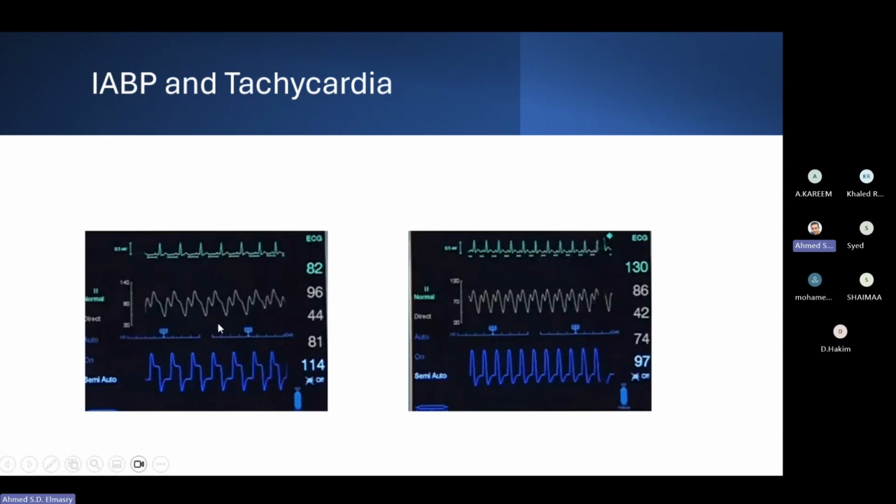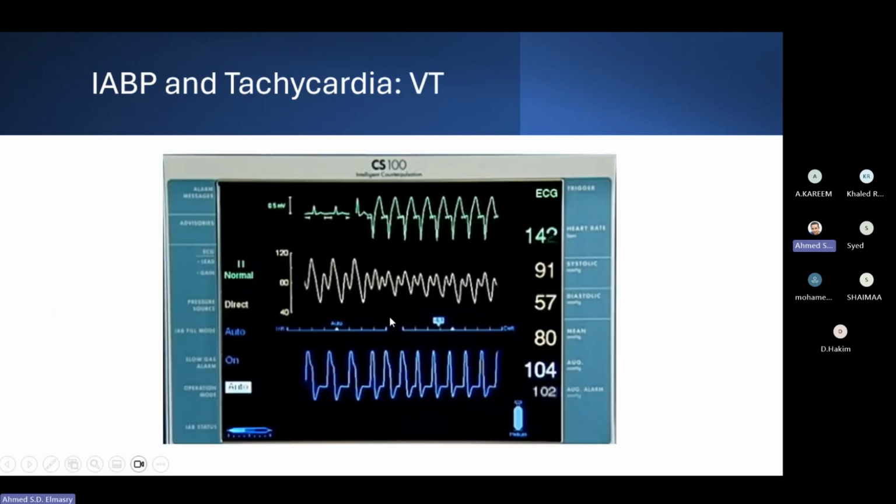And as you see here, this is a patient who is not tachycardic, heart rate is 82, and the same patient had a heart rate of about 130. The diastolic augmentation here is perfect, and here the diastolic augmentation is blunted. Same also for this patient, the heart rate here is much less, but here the patient is having runs of VTAC.